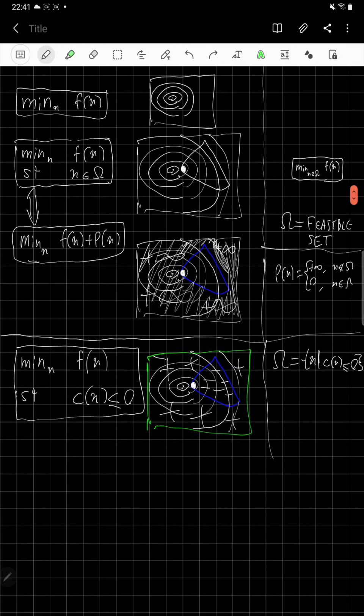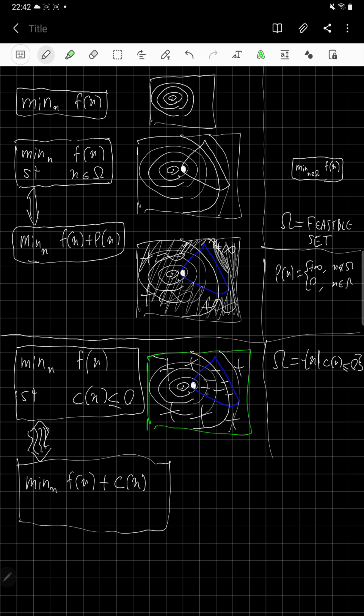Okay, so this problem is similar, not quite equivalent, similar to: minimize f of x plus a certain penalty function, but instead of the other weird penalty function, we're just going to add c of x.